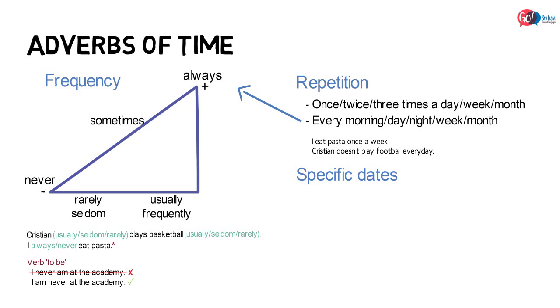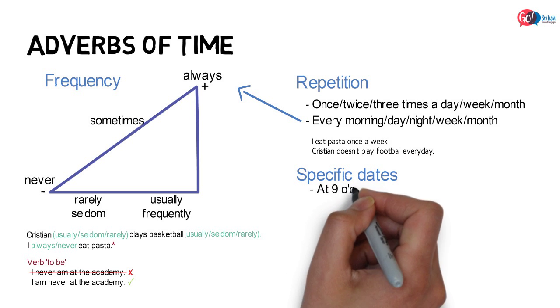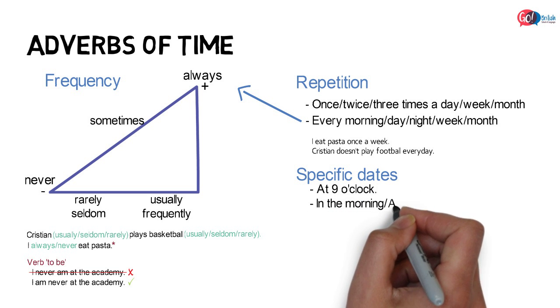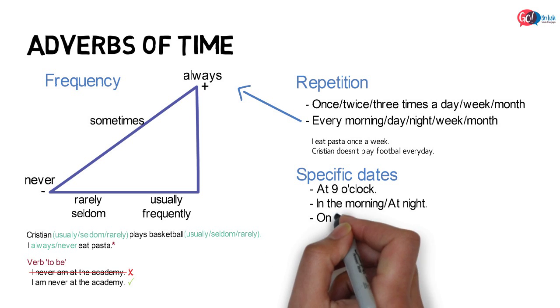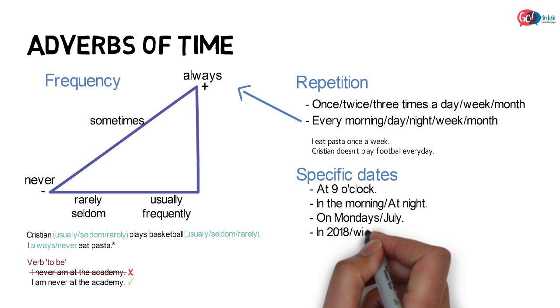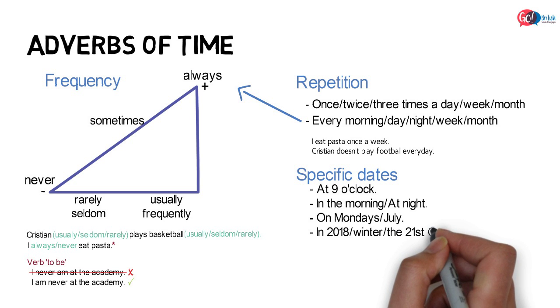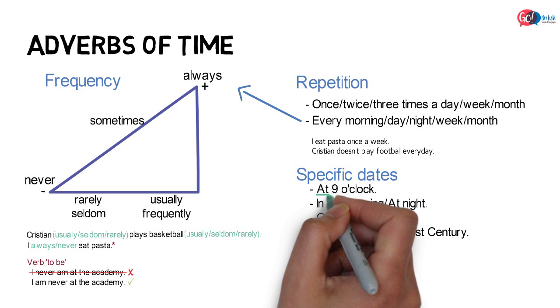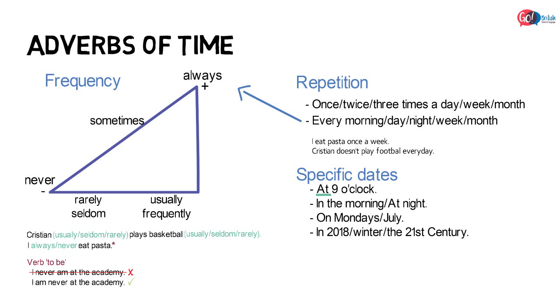Now, we can also use a specific date, for example, at 9 o'clock, in the mornings, or in the evenings, or at night, also on Mondays, on Fridays, whatever, in 2018, okay? Depending on the moment, I use one preposition of time or another. For example, at is related with time or the moment of the day, of the night.